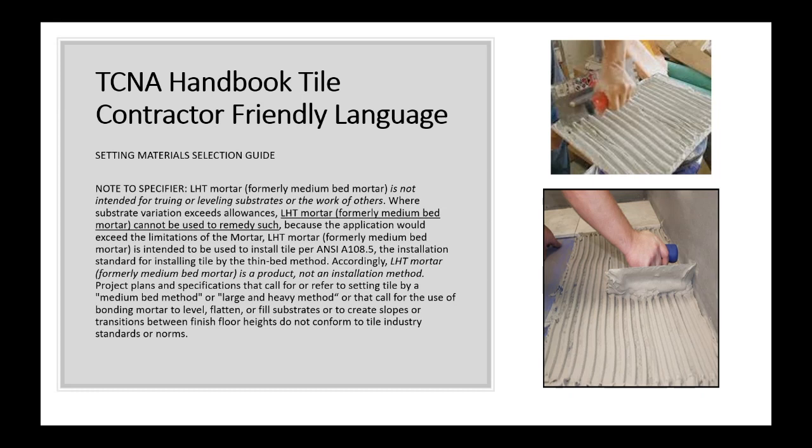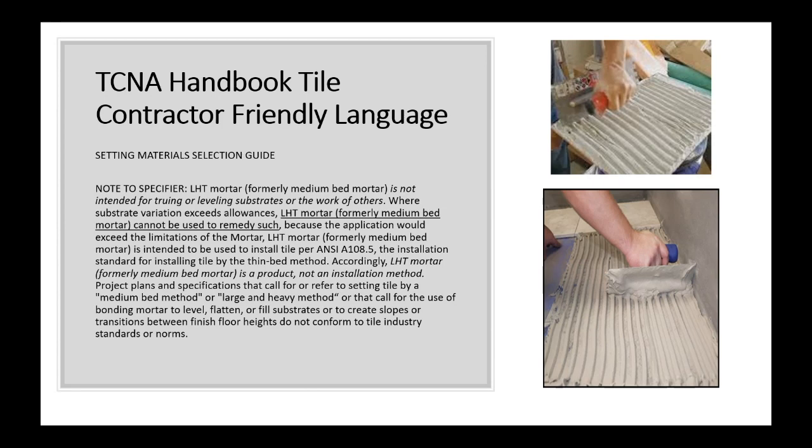So this is a note to the specifier calling out for the mortars that LHT is not to be used to correct the substrate. In other words, it's not intended to be used for truing or leveling of the substrate or the work of others. To me, I think this is extremely important. Because when you do that, quite frequently you could exceed the recommended thickness of the LHT.